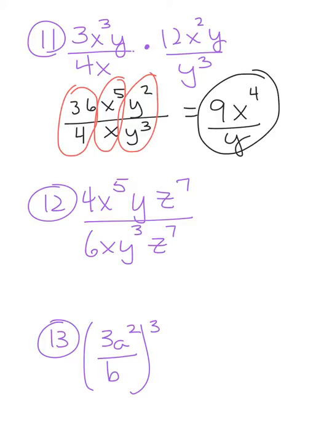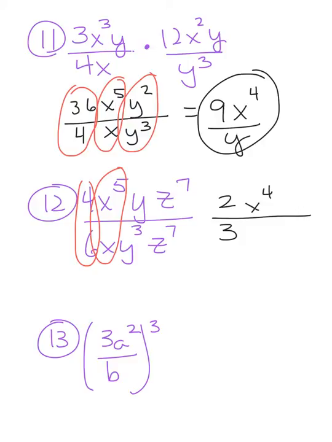Now number 12, I'm not multiplying, but I do have a lot going on there, so I have to be careful. So again, when I'm looking at my coefficients, 4 over 6, that simplifies to 2/3. So I'm going to put 2 as my numerator, 3 as my denominator. Now when I look at my x's, I have x to the fifth over x, which is going to leave me x to the fourth.